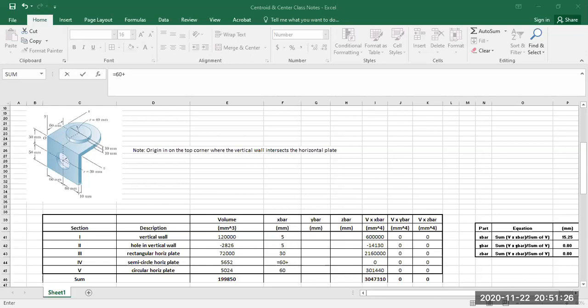I'm going into semicircular area and copying it into my Excel table.